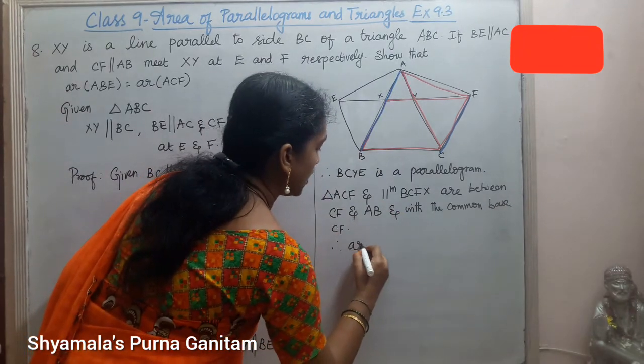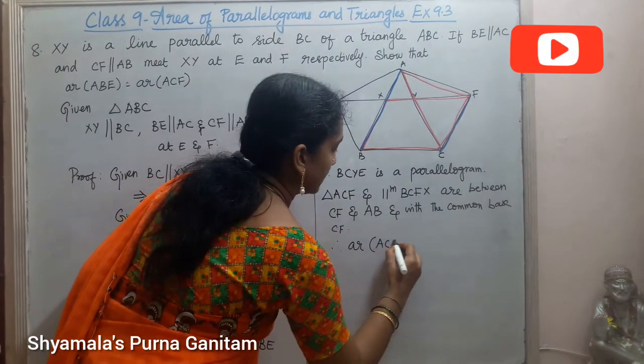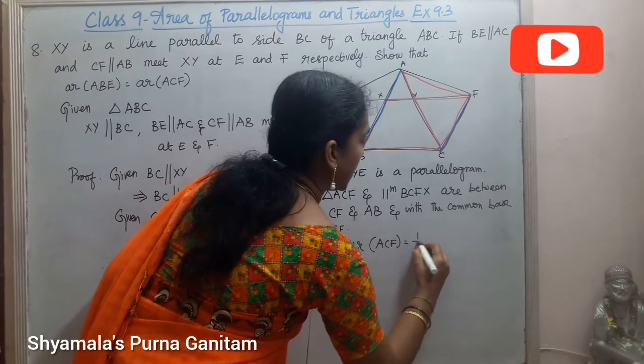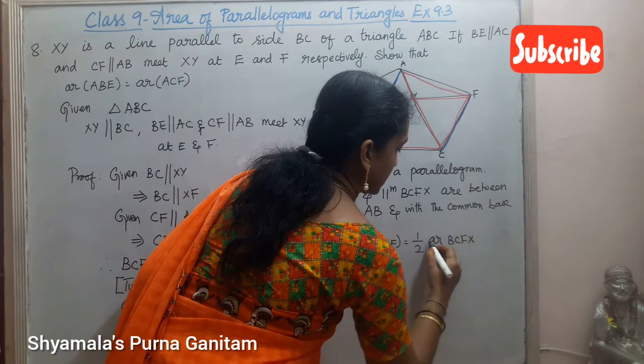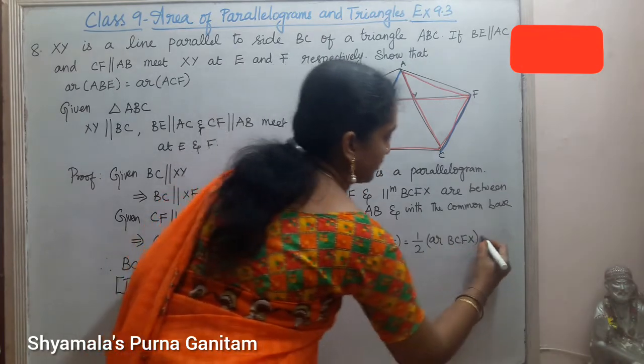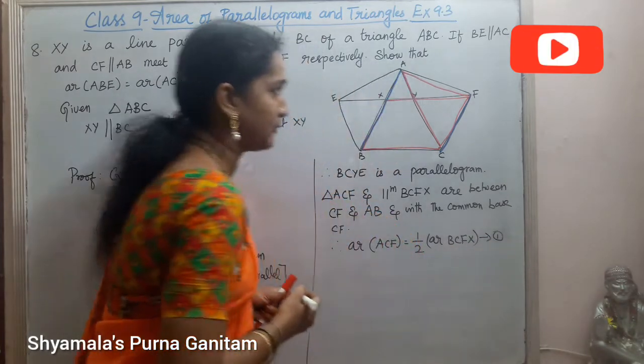Therefore, area of ACF is equal to half the area of BCFX. So this one we will take as the first equation.